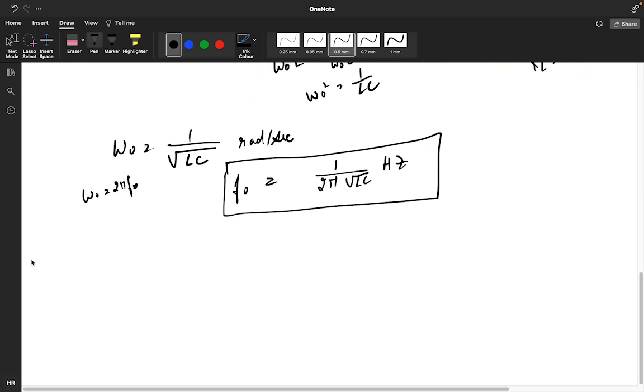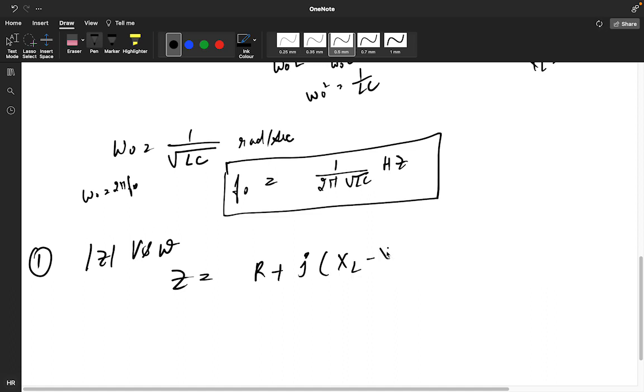Now write the first condition. Mod Z versus omega. So Z is R plus j(XL minus XC), so Z is R plus j(omega L minus 1 by omega C).